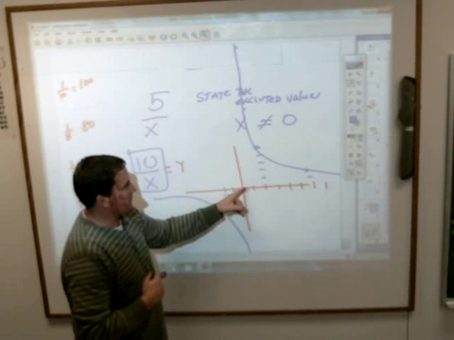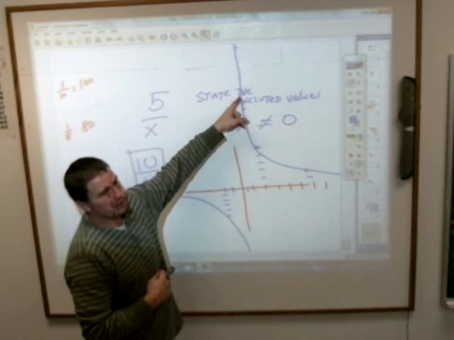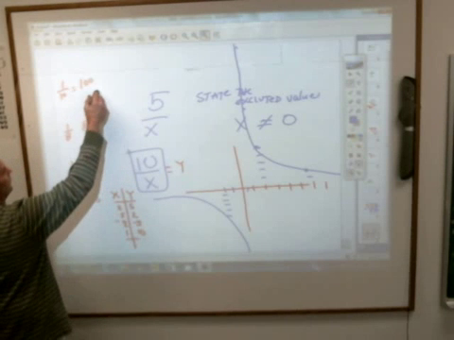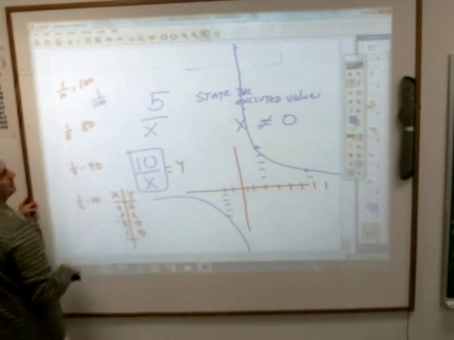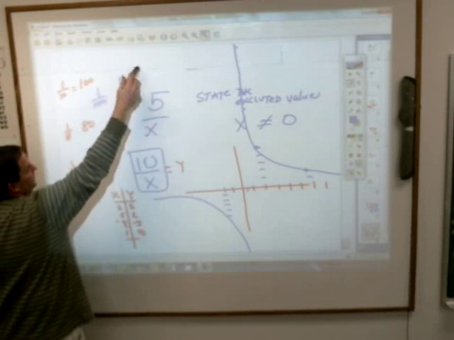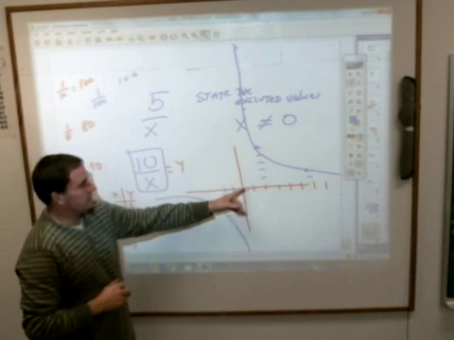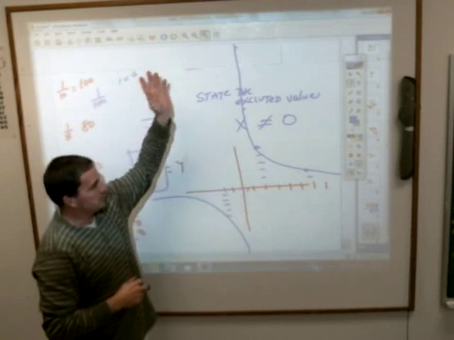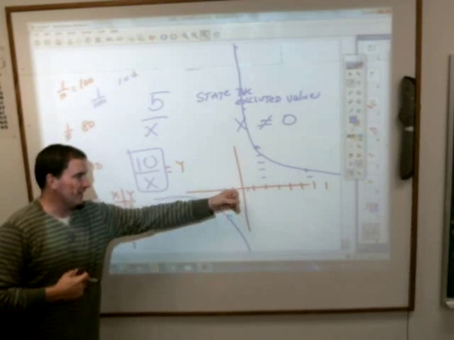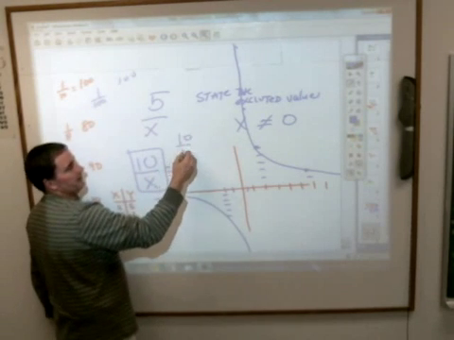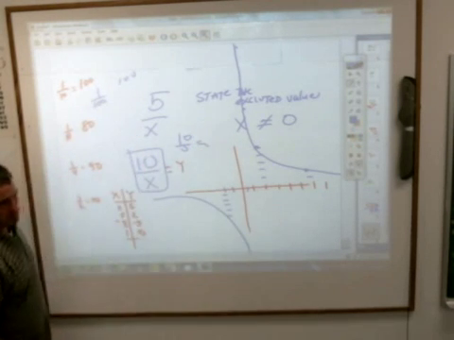But the closer you get, the more straight that line goes shooting straight up. For example, if I said, what would be 1 over, if I had 100? 1,000. It would be 1,000 on the y-axis. But that's awfully close to the y-axis, and that's why it's undefined, because you'll never be able to put a value in for x. You can never have 10 divided by 0 because it's undefined.